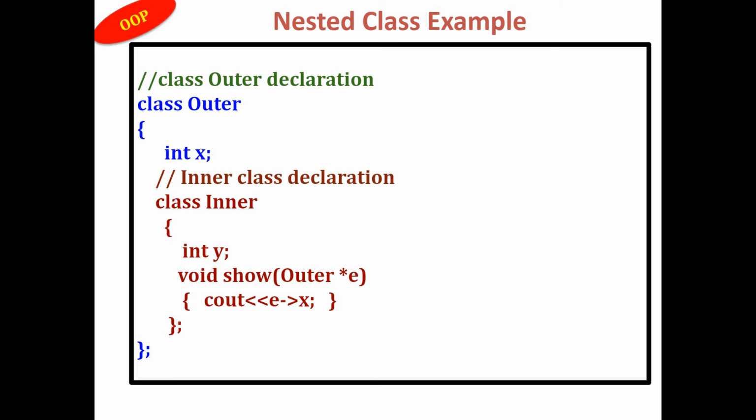As previously we have seen, a private data member is not accessed by the child class also, but here the private member of any class can be given access to the inner class of its own class. So any inner class of its own class can access the private member. So as we can see here, X can be accessed by creating an object of the outer class.